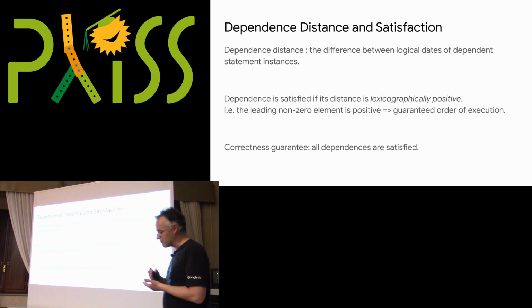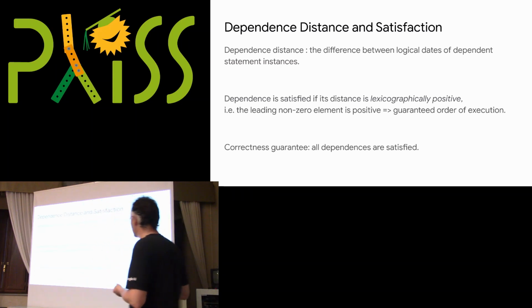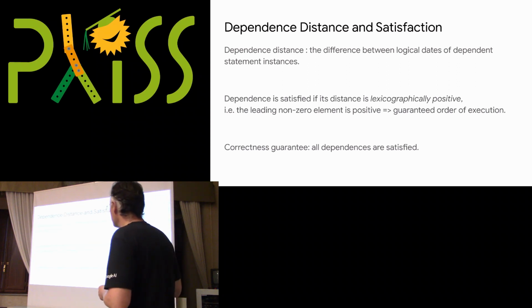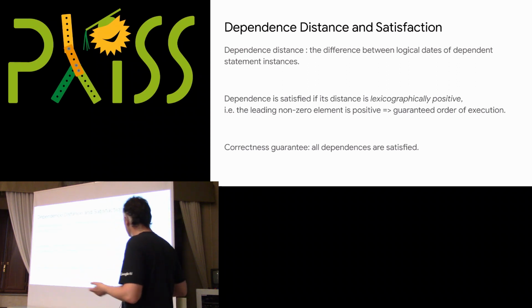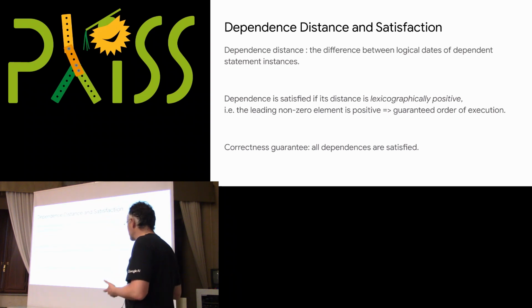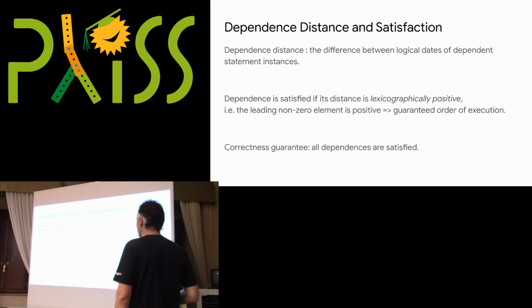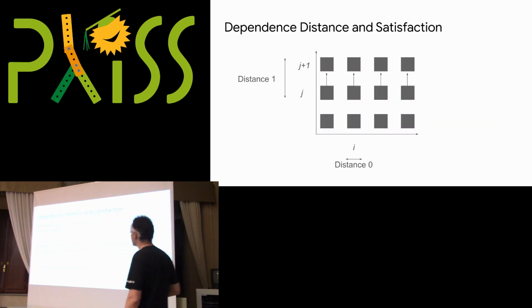So if you want to make sure that something happens before something else, you just look at the leading non-zero element in the vector, and if it's positive, you're fine. Okay. So that's very easy to model, and that's why transformation problems are not very difficult to prove correct. In practice, most of the effort is on profitability, figuring out what's good and efficient, and not so much what's correct.